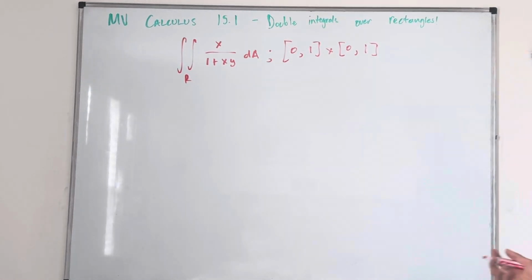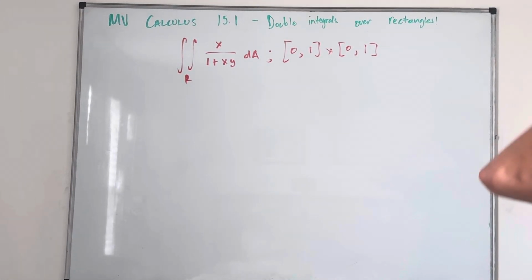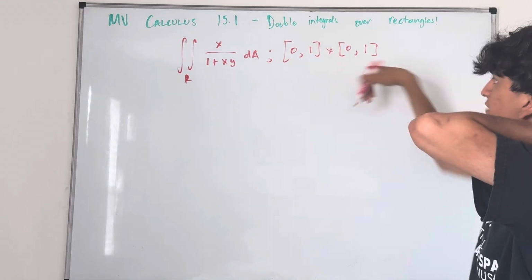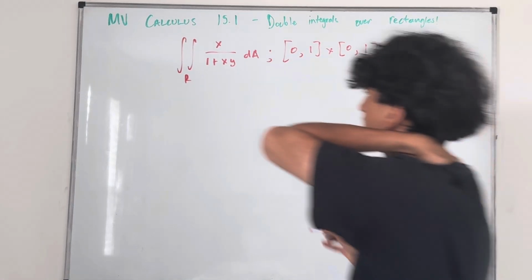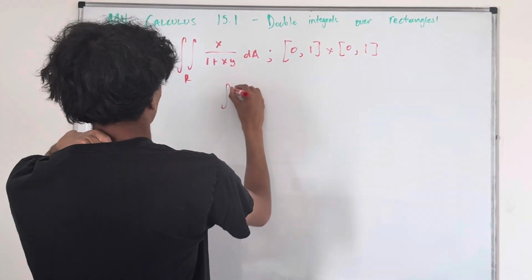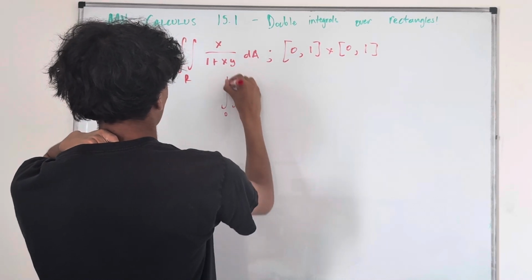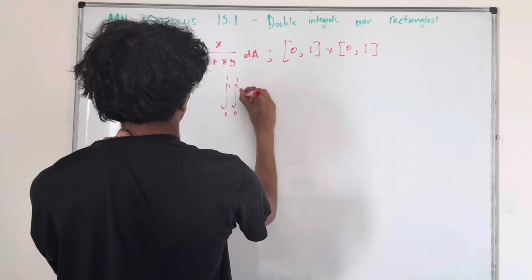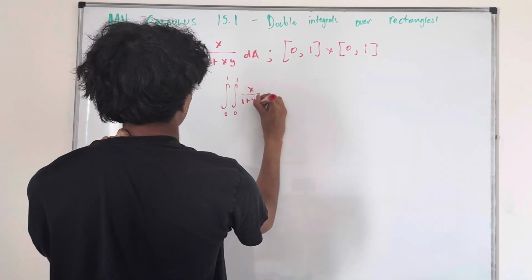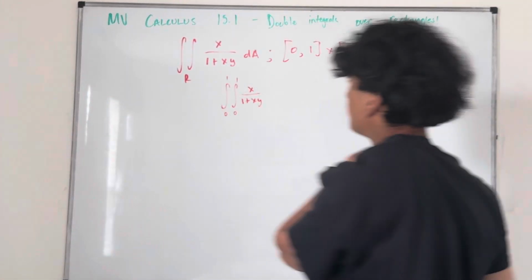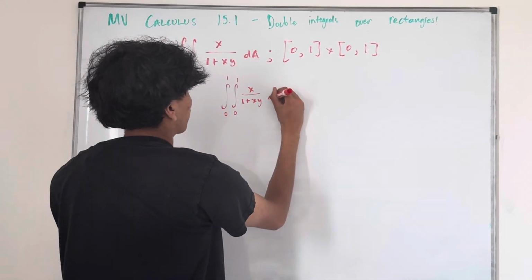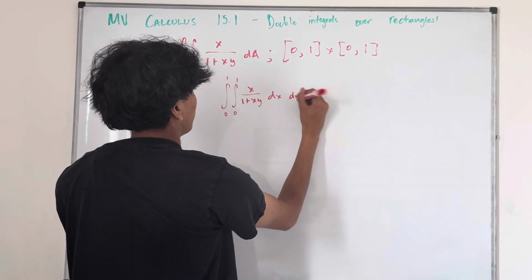So first thing you gotta do is figure out your bounds, right? So my x values are going from 0 to 1, and my y values are going from 0 to 1. So my double integral will have bounds 0 to 1, 0 to 1. Now, I'm going to have my function x over 1 plus xy. And the question becomes, right, do I integrate with respect to x first or with respect to y first? You're going to see in a second.